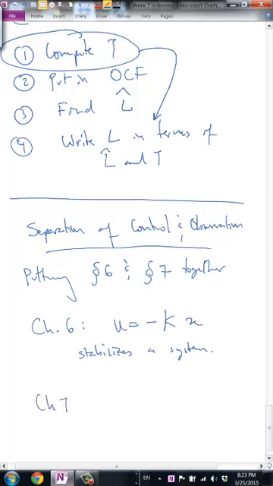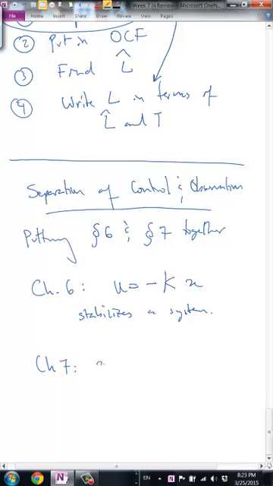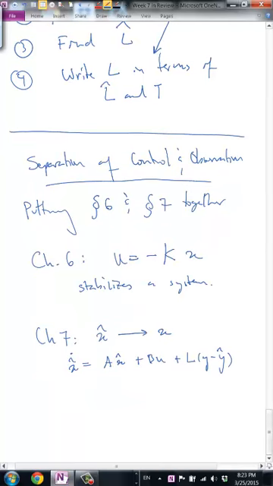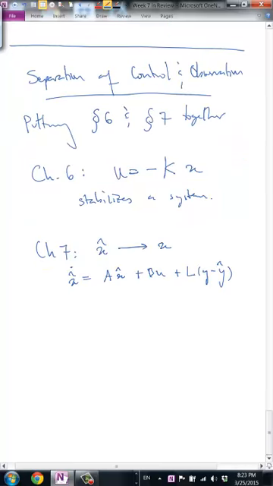And in chapter 7, we said, well, suppose we no longer have access to X. We can make X hat so that X hat converges to X. And so X hat is the solution to the differential equation X hat dot equals A X hat plus BU plus L times (Y minus Y hat).